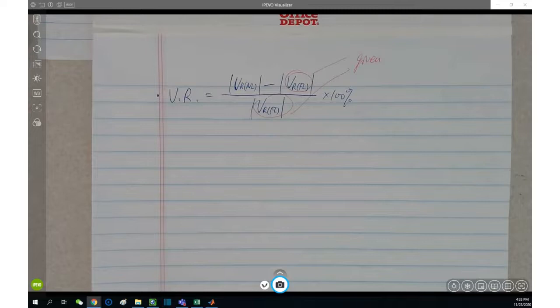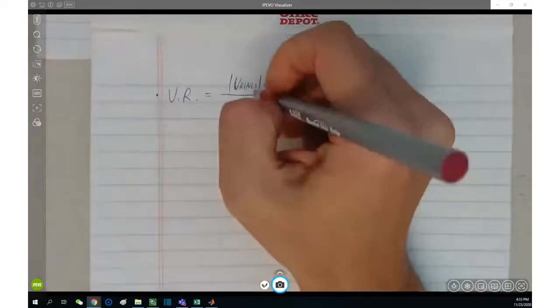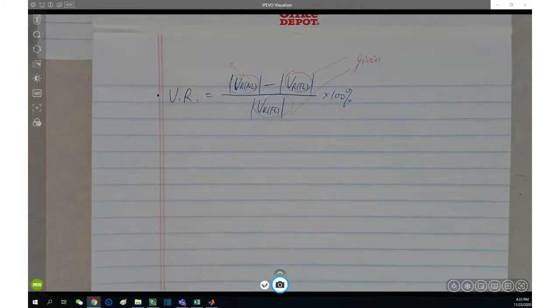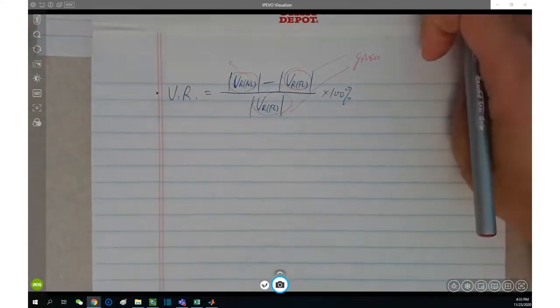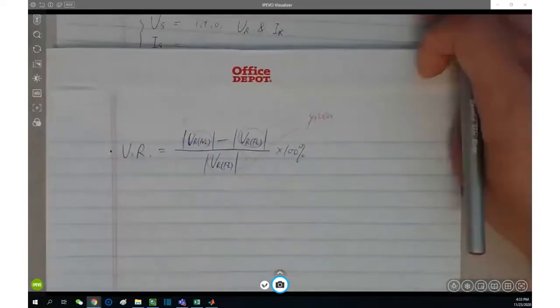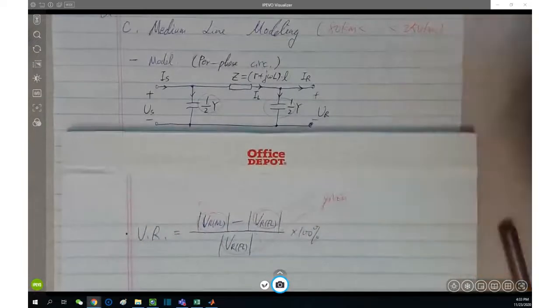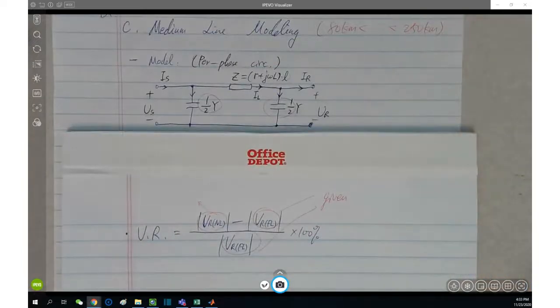And then next, no load voltage at the receiving end equals what? If you recall the short line model, it equals VS, right? How about here then?